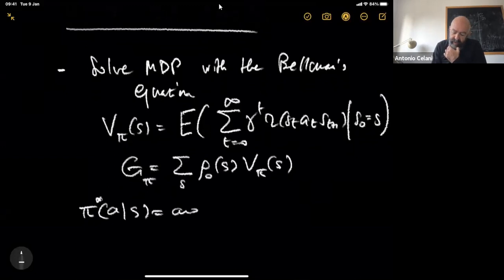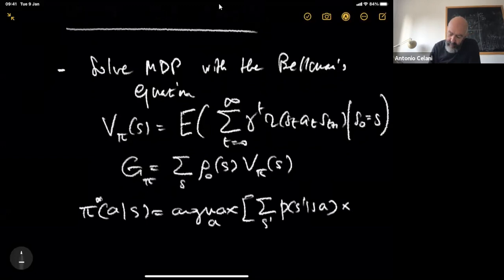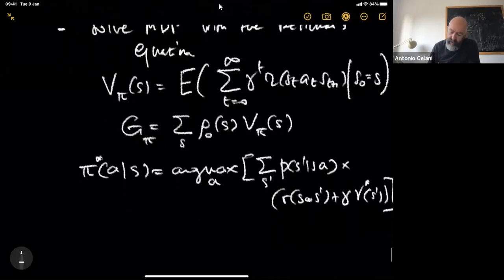which is given by the action which maximizes the following quantity, which is implicitly defined in terms of the optimal value, V star, which itself obeys the Bellman's equation.